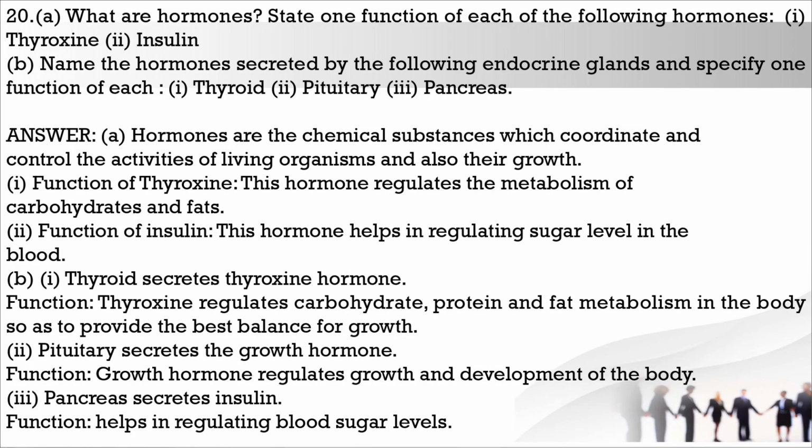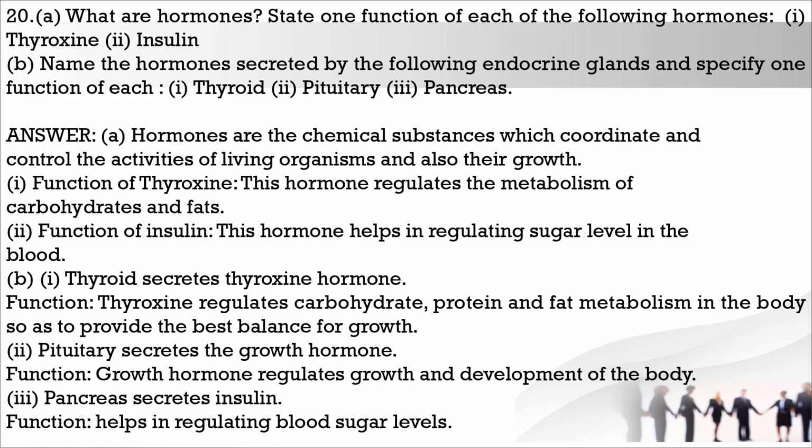Question number 20. What are hormones? State one function of each of the following hormones: thyroxine and insulin. B. Name the hormone secreted by the following endocrine glands and specify one function of each: thyroid, pituitary, and pancreas. Hormones are chemical substances which coordinate and control the activity of living organisms and also their growth. Function of thyroxine: this hormone regulates the metabolism of carbohydrate and fat.